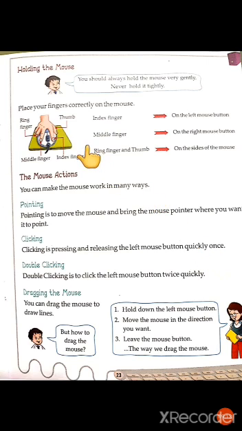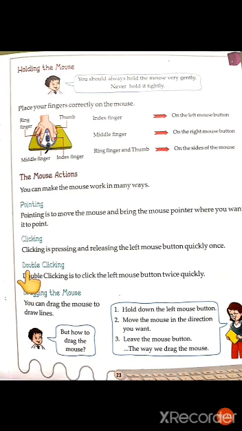In this picture, this is the index finger and this is the left mouse button. So in clicking, we click the left mouse button quickly once. We press it actually.